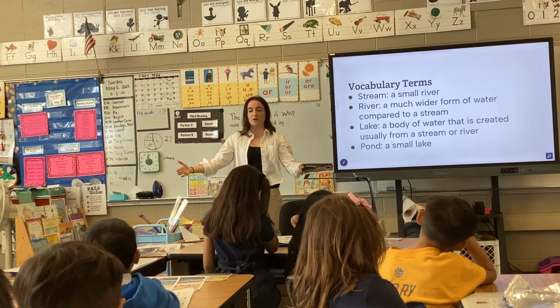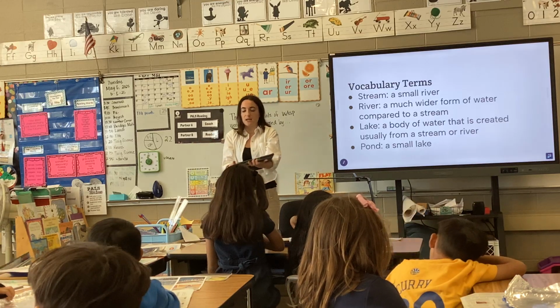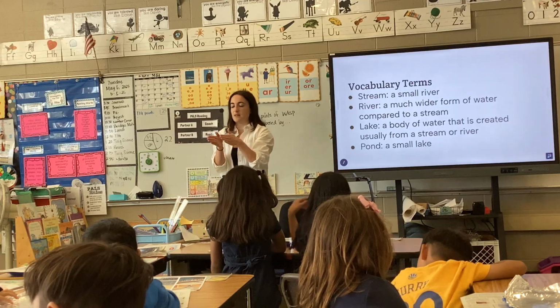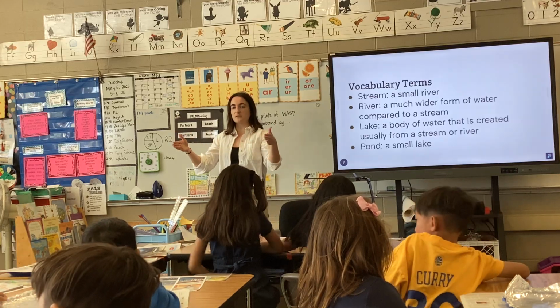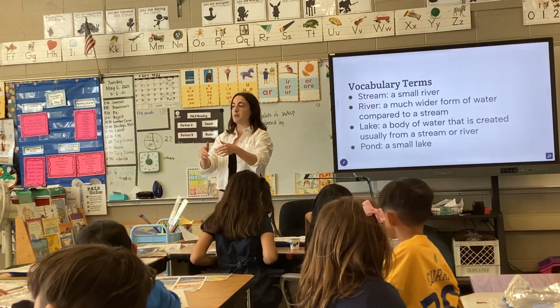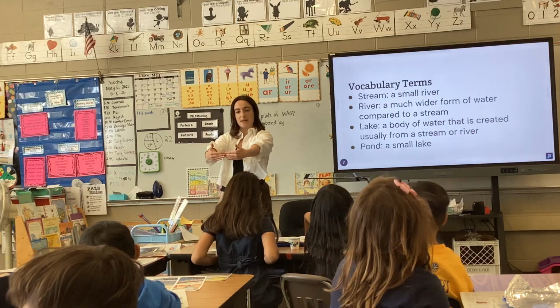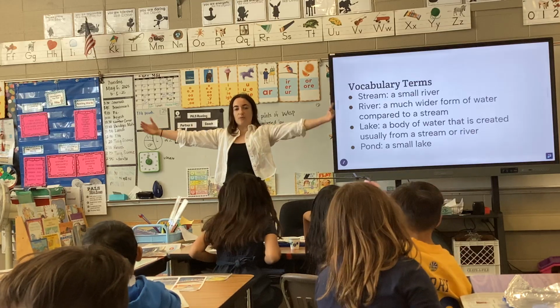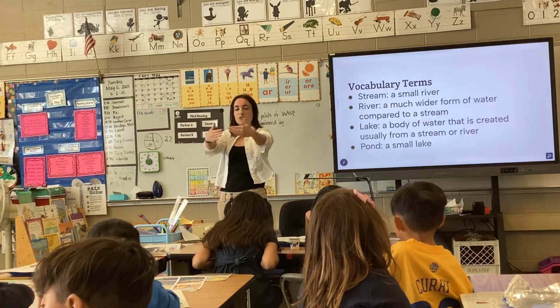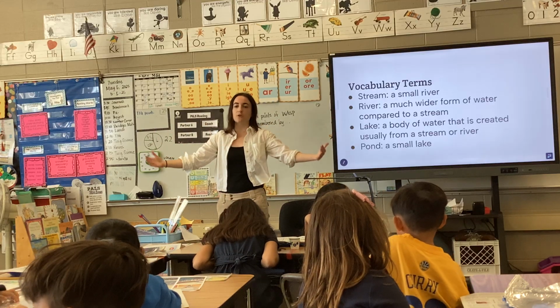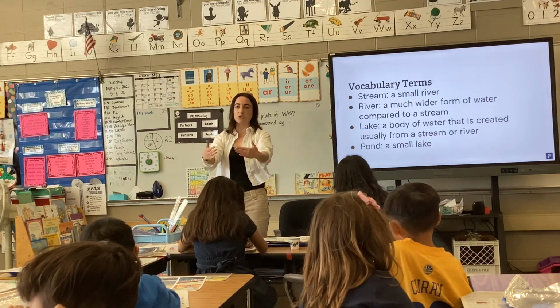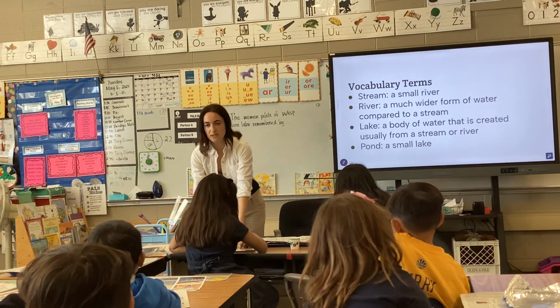A river is wider. So a stream is like this, and a river is like this. A pond may be like this, and a lake would be like this. So it's just words that describe smaller and larger bodies or channels of water. Does that make sense? Yeah.